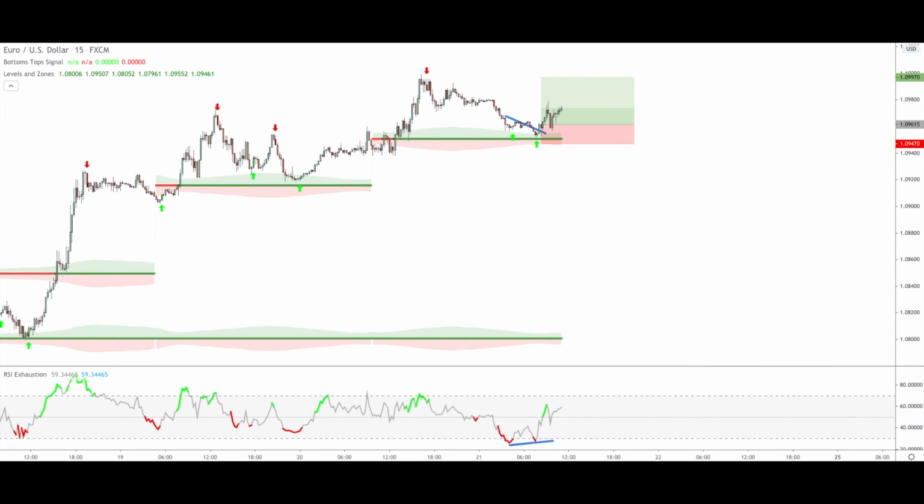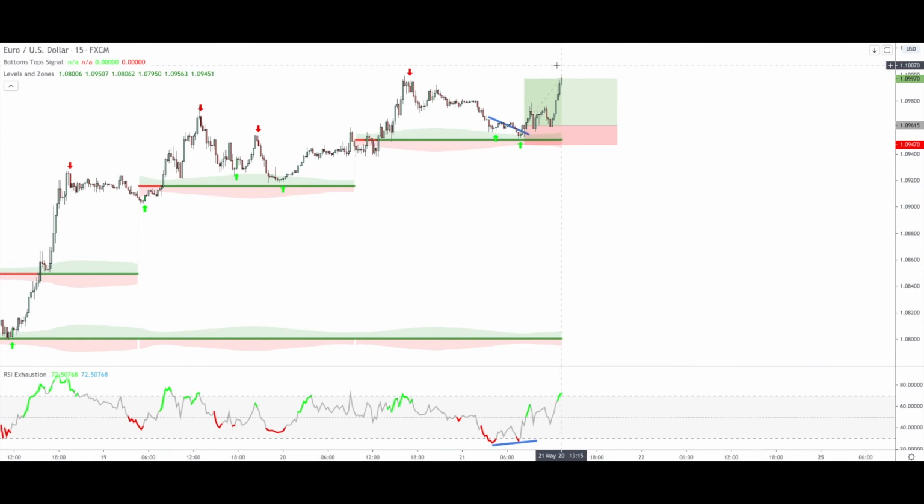Of course, this is not a given, but from a technical point of view, it's all running good. So let's just keep an eye on this trade and see what happens.